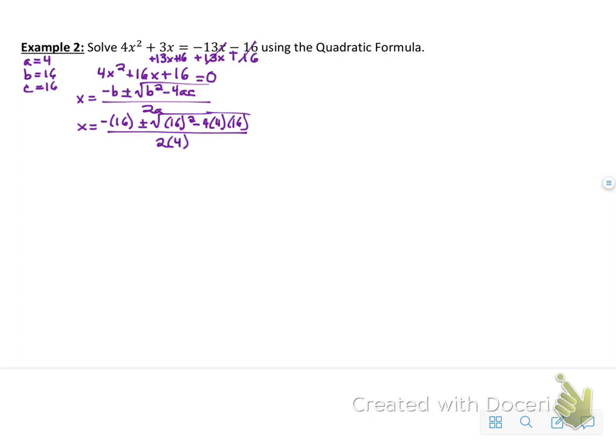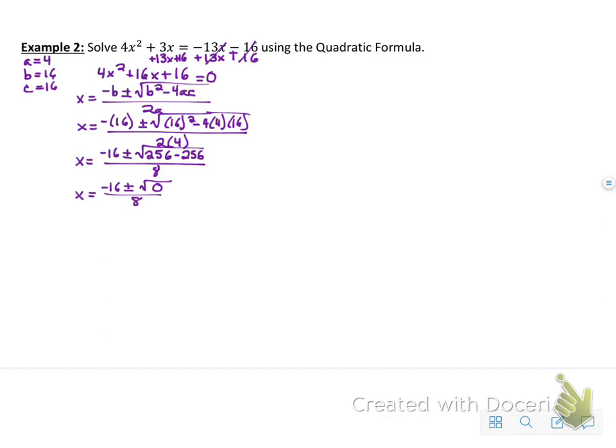Okay, so we replaced our letters with numbers. Now we simplify. Well, negative 16 is just negative 16. 16 squared is 256. Negative 4 times 16 is negative 256. And then 2 times 4 is 8. Okay, well, that means that we have negative 16 plus or minus the square root of 0.